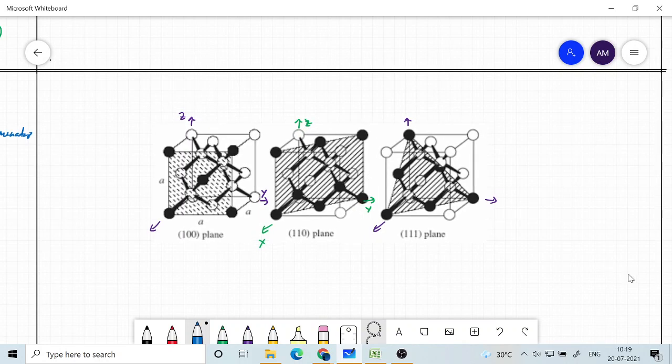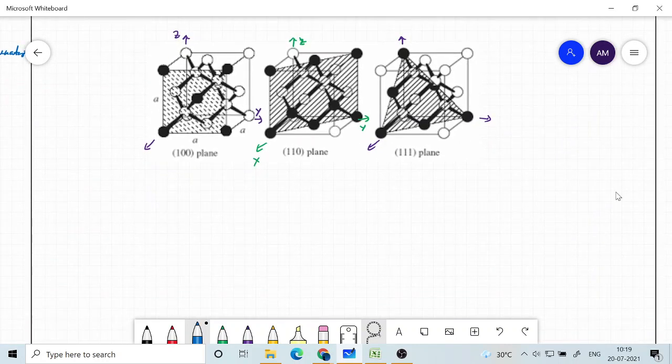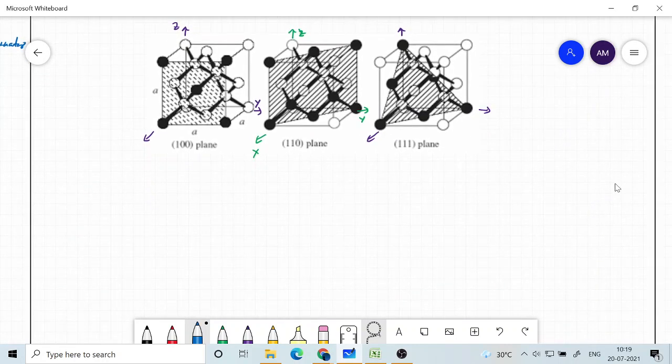So these are our different planes. So 1, 0, 0 we have seen. Now if I look at 1, 1, 0, so 1, 1, 0 is this rectangle. So it is not a square, it is basically a rectangle.